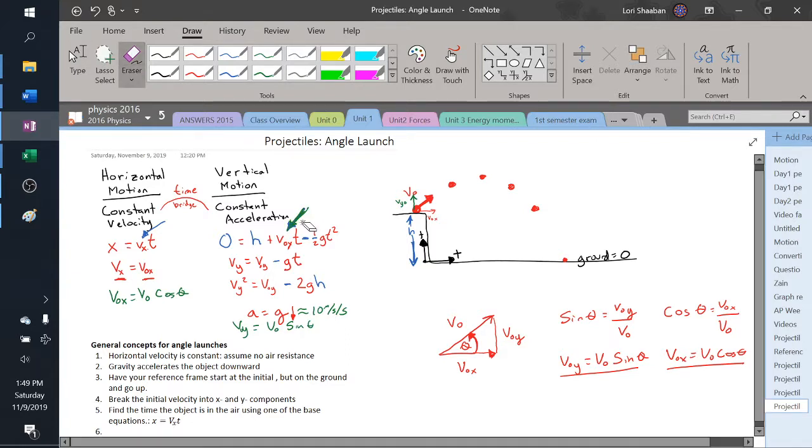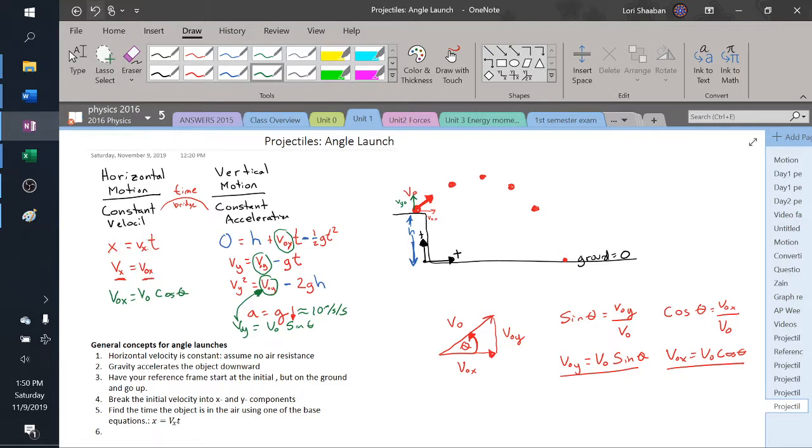So we can erase these arrows because we now have that component. Everything that I've circled here is all going to be, make sure it's v naught sine theta, and anything over here is all v naught cosine theta.